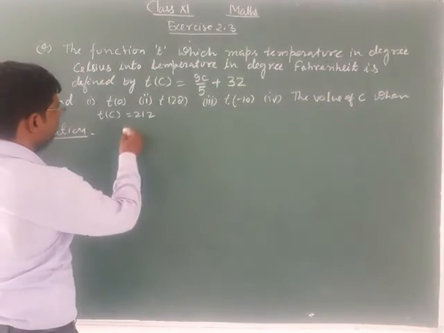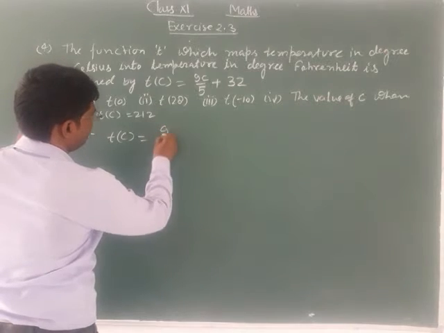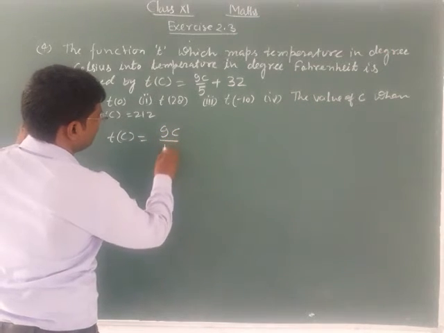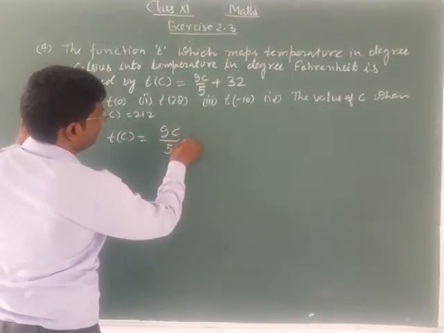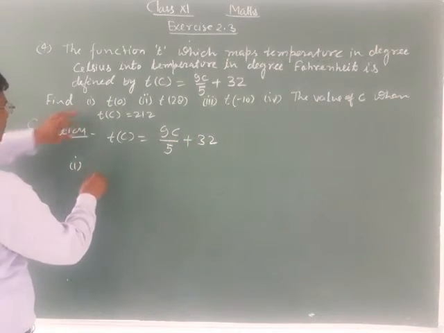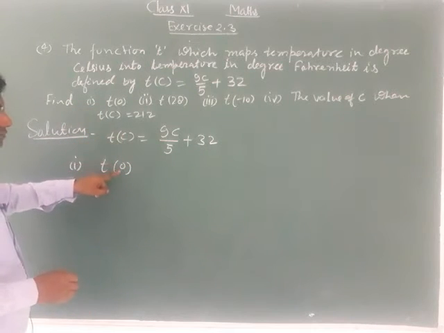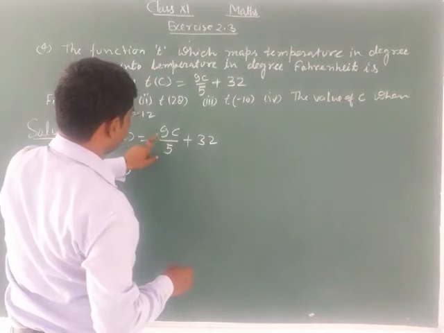Now given T(C) = 9C/5 + 32. Now first part, T(0). So C is equal to 0. Put it here.